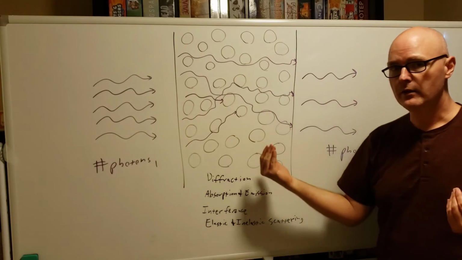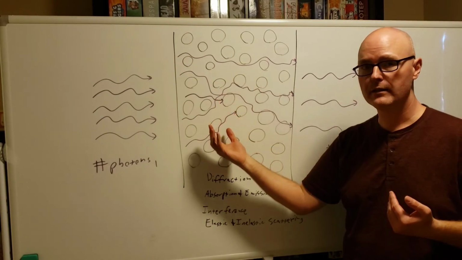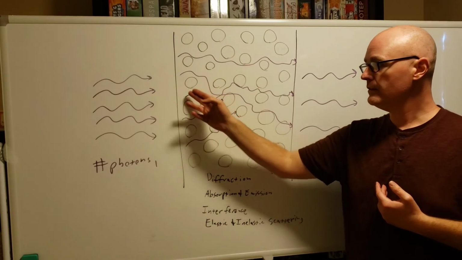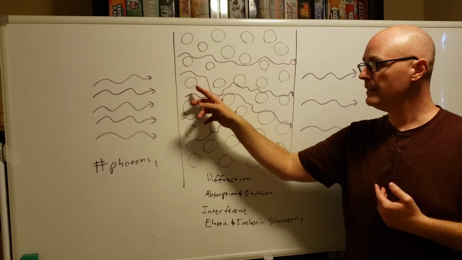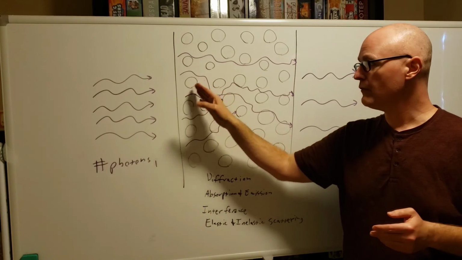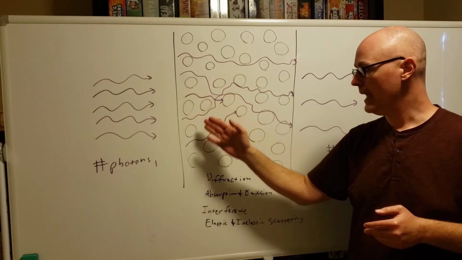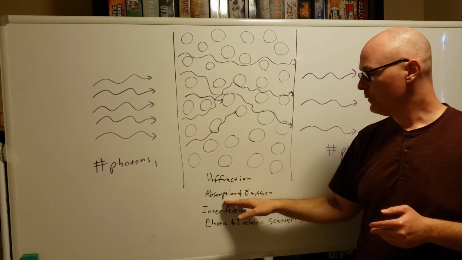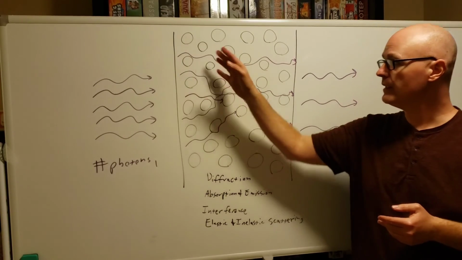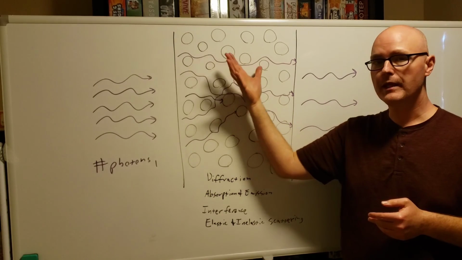Well, we just talked about several interactions that occur when photons interact with matter. I could have diffraction, right? So if the molecular spacing is at just the right distance, you could have diffraction around those molecules. That will be happening in there. We will have absorption and emission, right? Some of the electrons will absorb the photons and re-emit them.